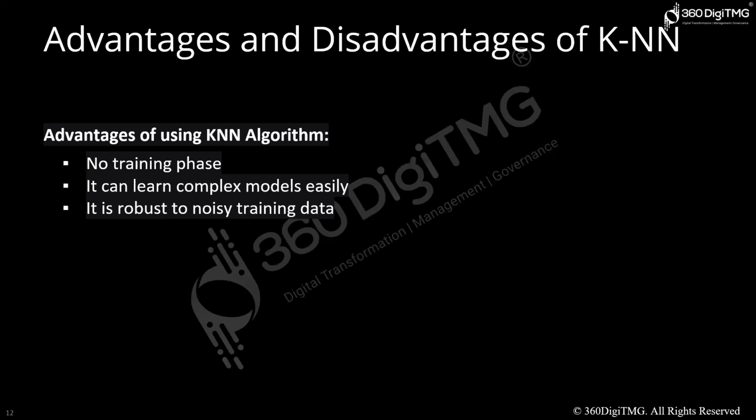Now the advantages and disadvantages of KNN. The advantages of the KNN algorithm are: no training phase, it can learn complex models easily, and it is robust to noisy training data.